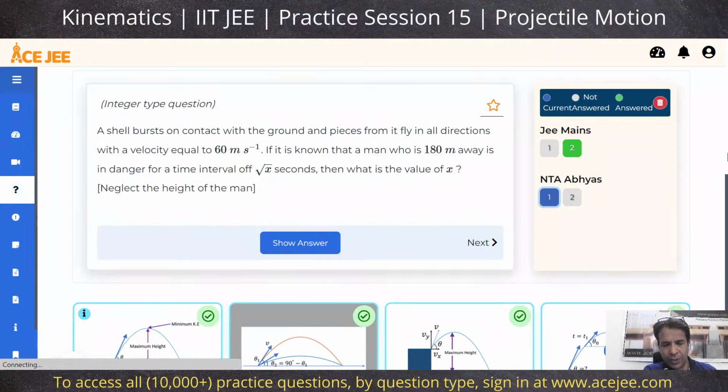If it is known that a man who is 180 meters away is in danger for a time interval of root x seconds, then what is the value of x?